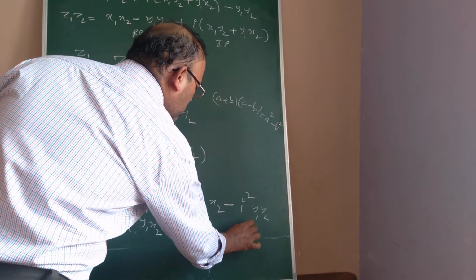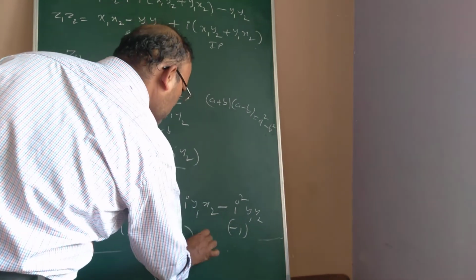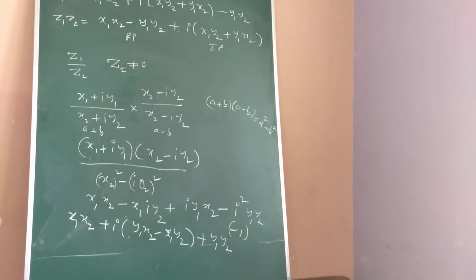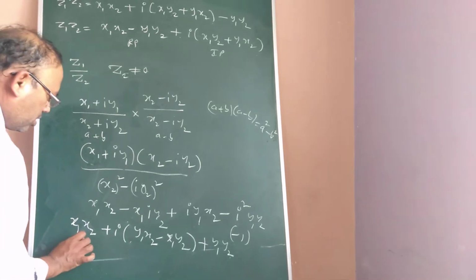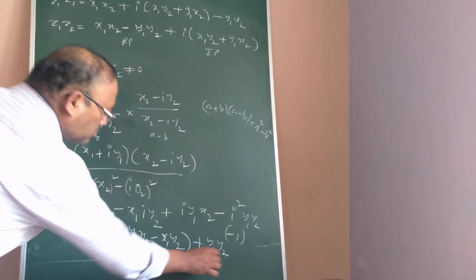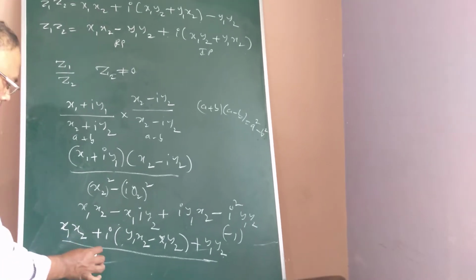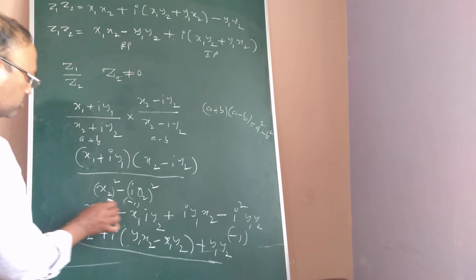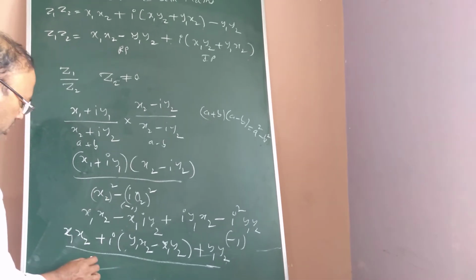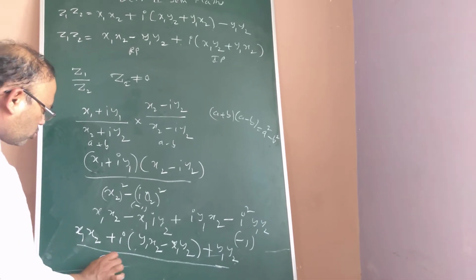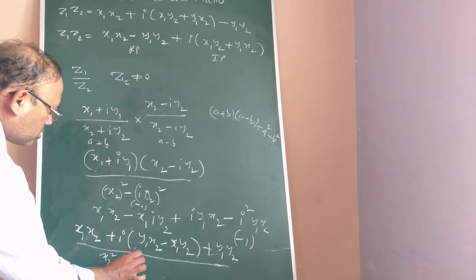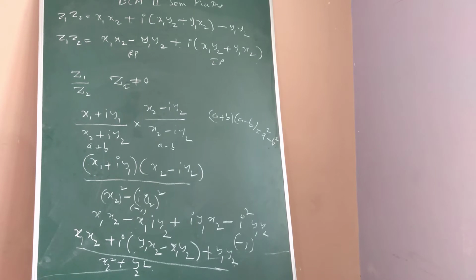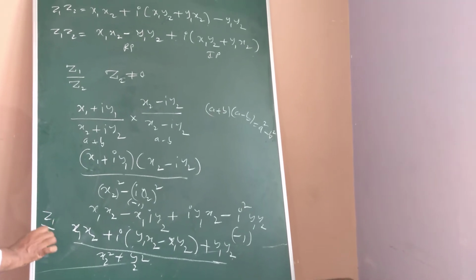Here i square is minus 1, minus into minus is plus, so plus y1 y2. This is divided by, here also i square is minus 1, minus into minus plus, that is x2 square plus y2 square. This is the division of z1 term.